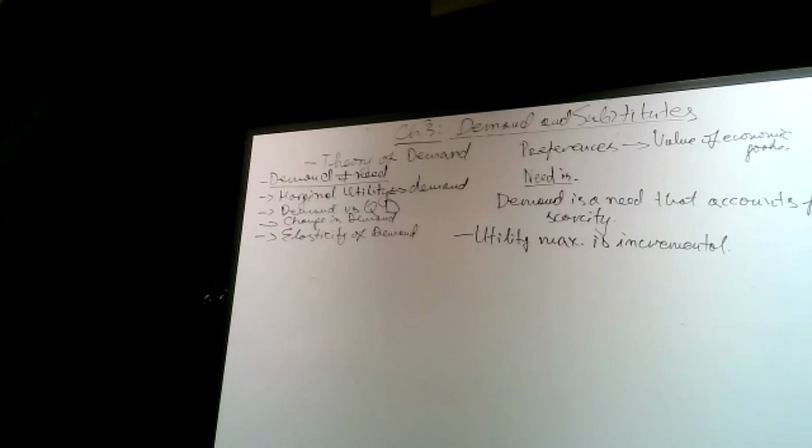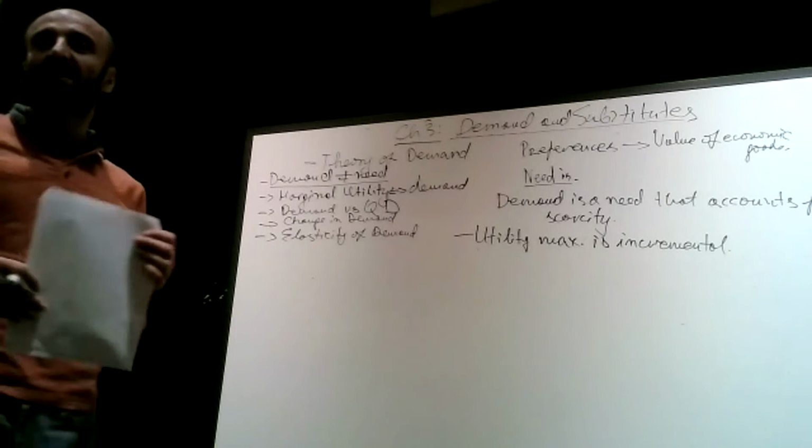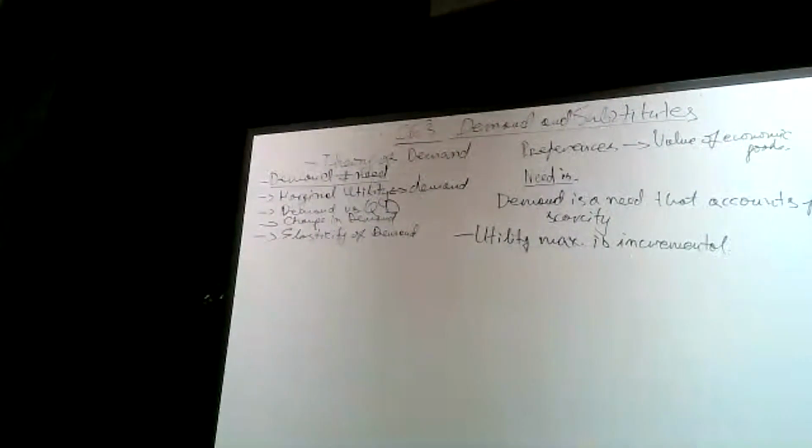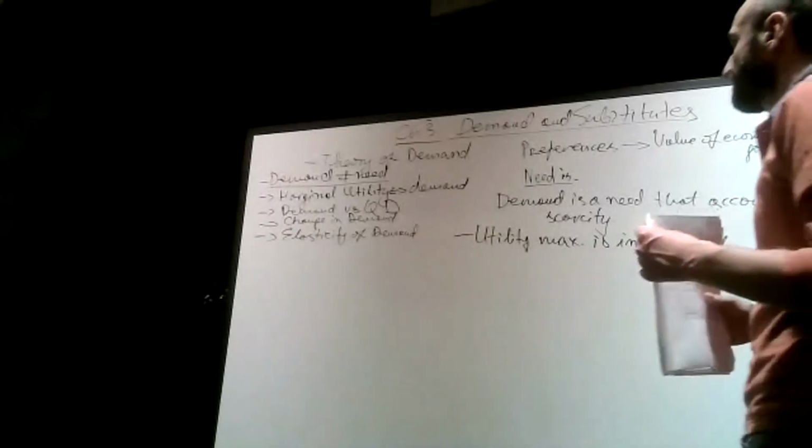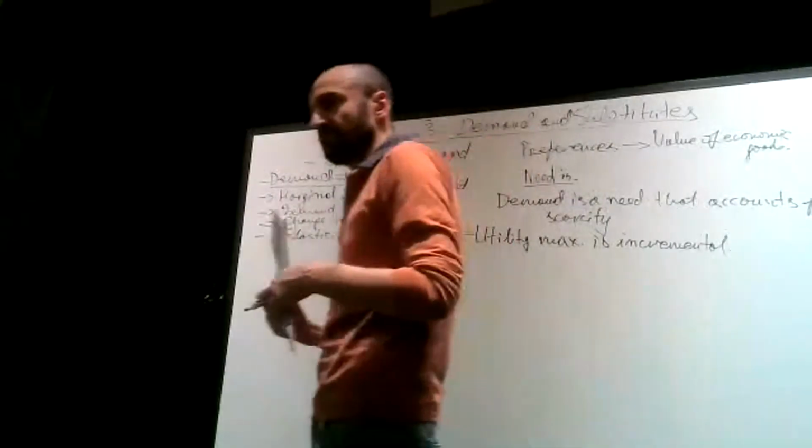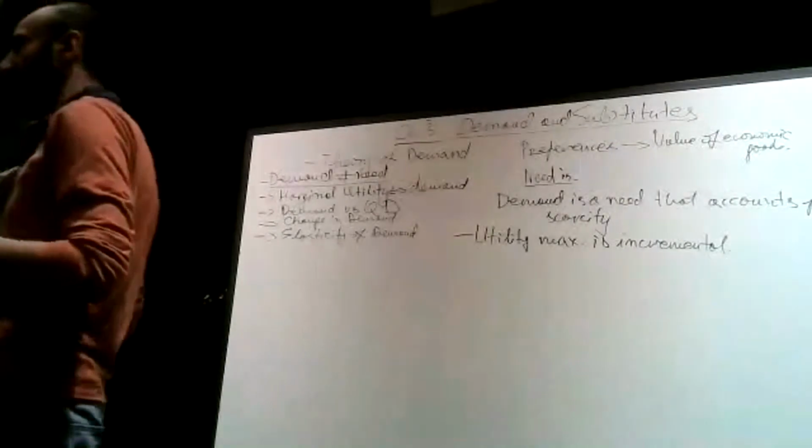That's what you do in optimization. How to allocate the scarce goods that we have to satisfy different kinds of needs to a different degree. So that's the basic concept of utility maximization.